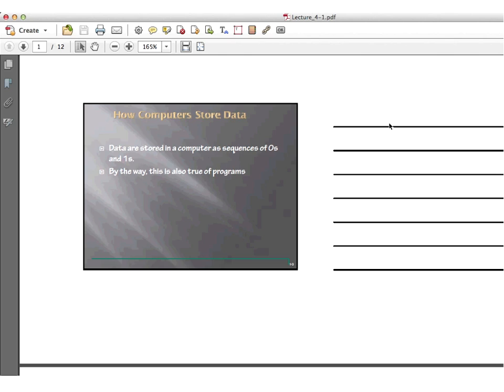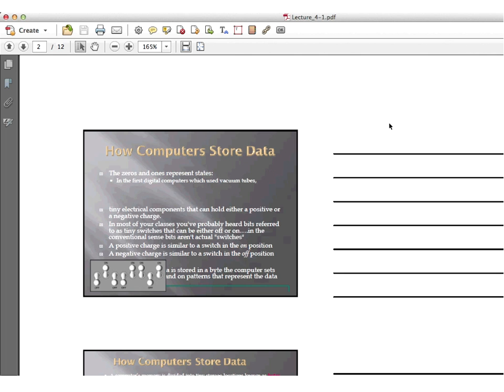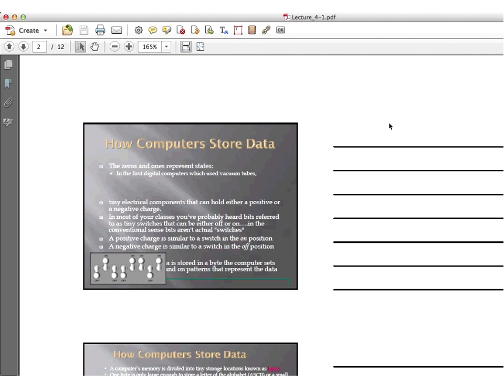As you probably know, data in programs are in the computer as sequences of zeros and ones. If you think about how they work, zeros and ones represent states.